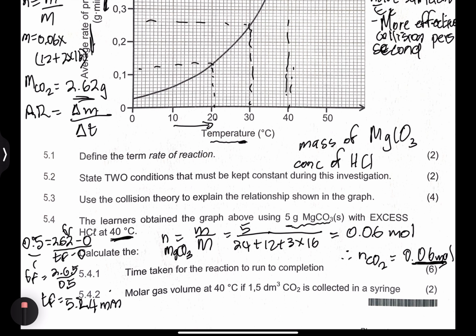For some reason, I just wrote it in a very clumsy way. So that would be 5.24 minutes. I hope that makes sense.